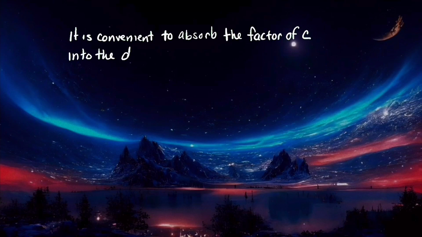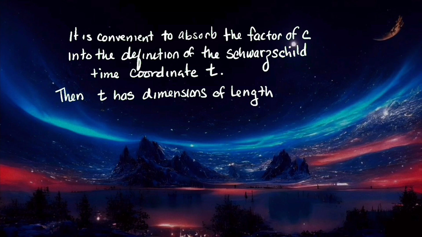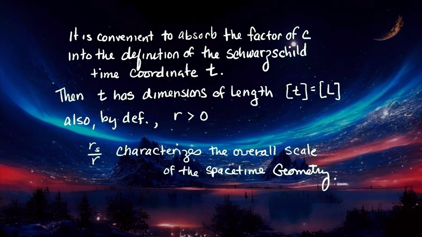It is convenient to absorb a factor of c, the speed of light, into the definition of the Schwarzschild time coordinate t. Then t has dimensions of length, and also, by definition, the radius r is greater than 0. The ratio r sub s over r characterizes the overall scale of the spacetime geometry.